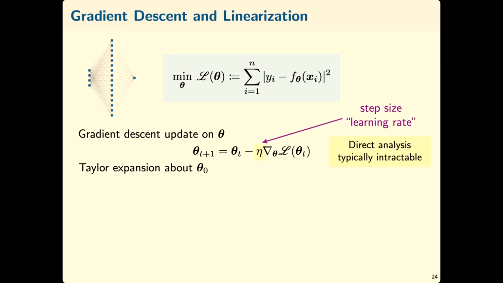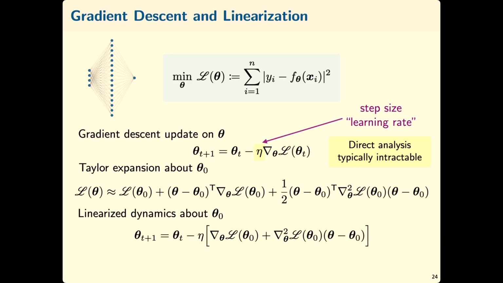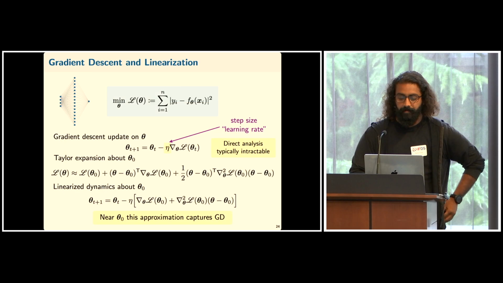Let's take the second order Taylor expansion around some point theta 0. With this, I can look at the linearized dynamics about theta 0, and I'll get an iteration that looks like this. All I did is take the gradient of this Taylor expansion and plug it in for the gradient in the above iteration to get the below iteration.